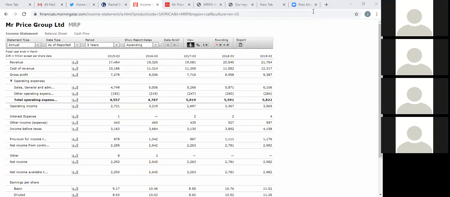I think you are asking about the relationship between debt to equity and return on equity. Yeah, that's the one. Return on equity. Yes, there is a relationship.